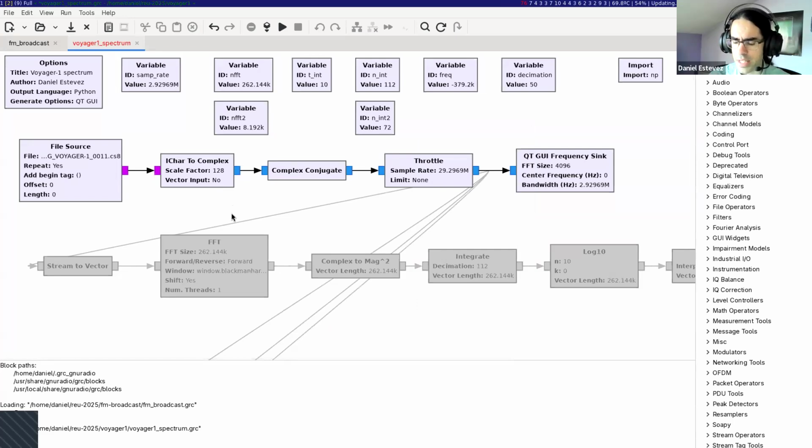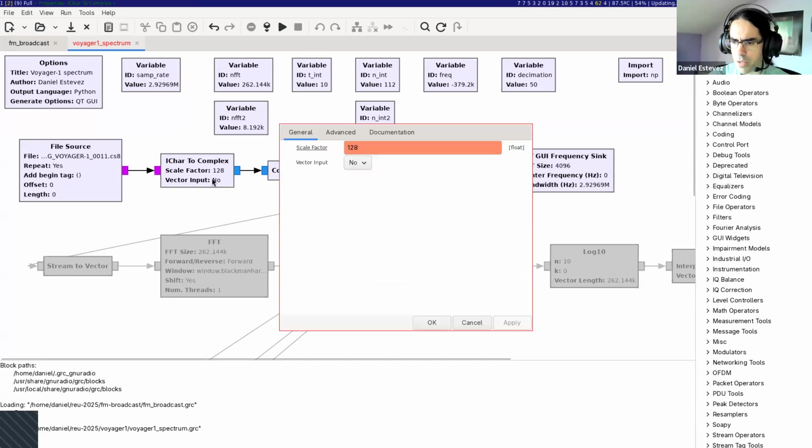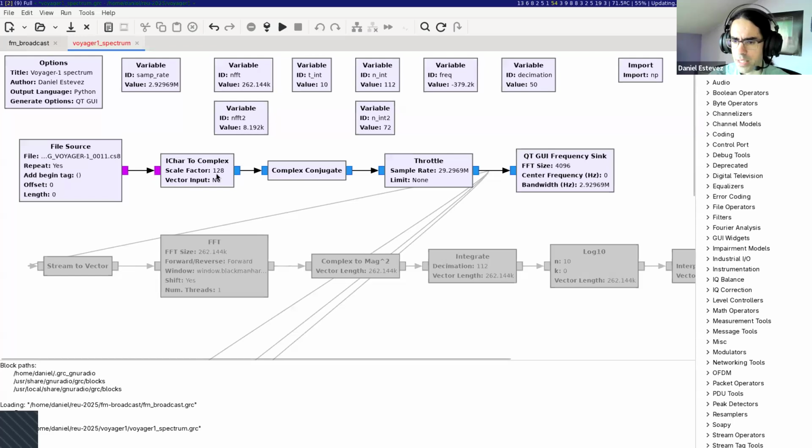That's just because of the scaling done in the RTL-SDR source block. And if you had a transmitter, there is also the same convention. If you want to drive the transmitter to its maximum output amplitude, you need to give it +1 or -1. If you give it a number greater than +1 or -1, you are going out of range. So that's the reason we divide by 128 here. This is done by setting the scale factor to 128.